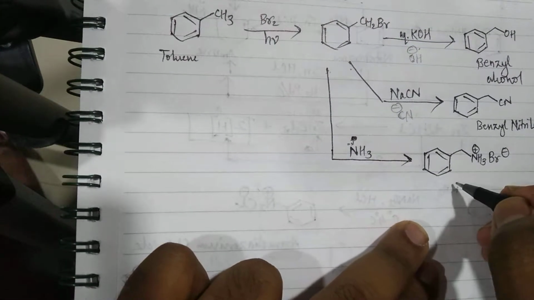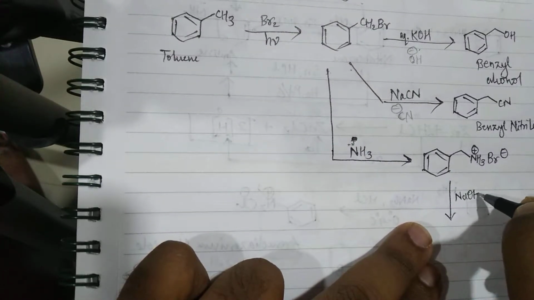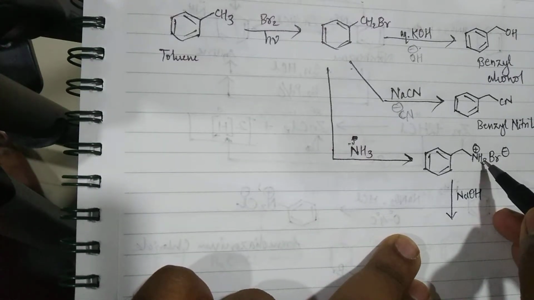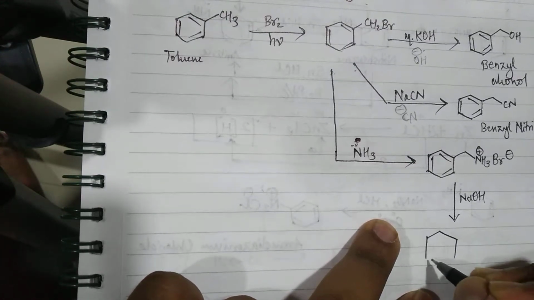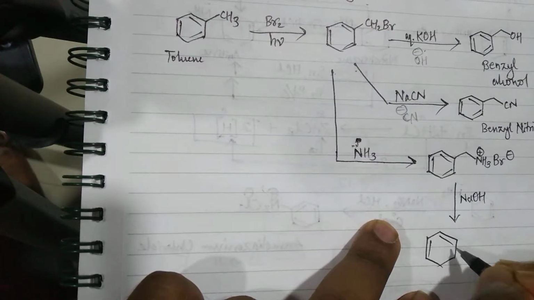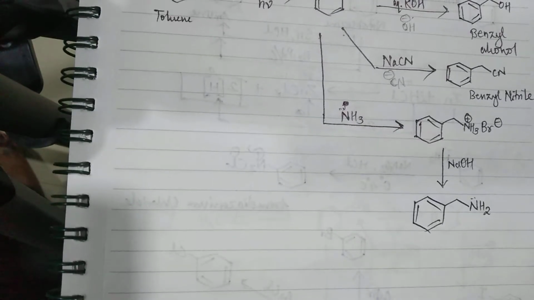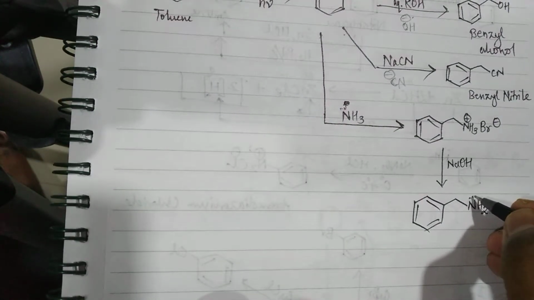Now if you add a little bit of base, like NaOH, it will take out one hydrogen from NH3, and it will get converted to this structure here, where NH2 is attached to the benzene ring.